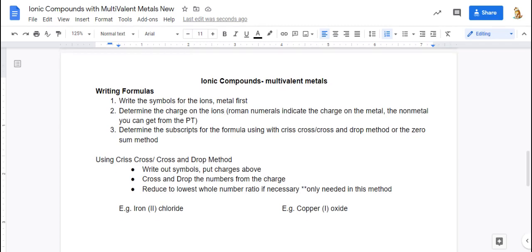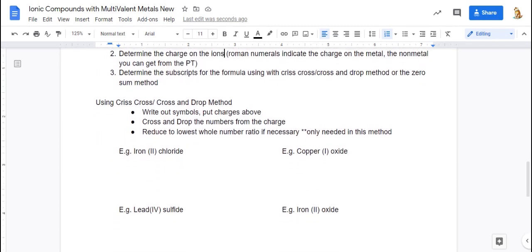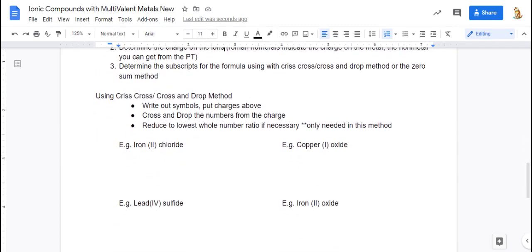So we're going to do a couple of examples. Iron 2 chloride. So we've got Fe, we've got chlorine. Chlorine has a charge of 1 negative. Iron has a charge of 2 positive because the charge is indicated by the Roman numeral 2.